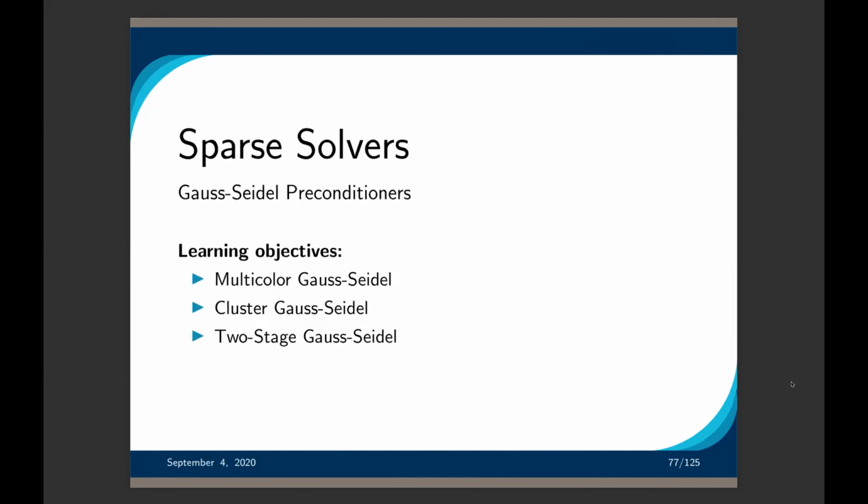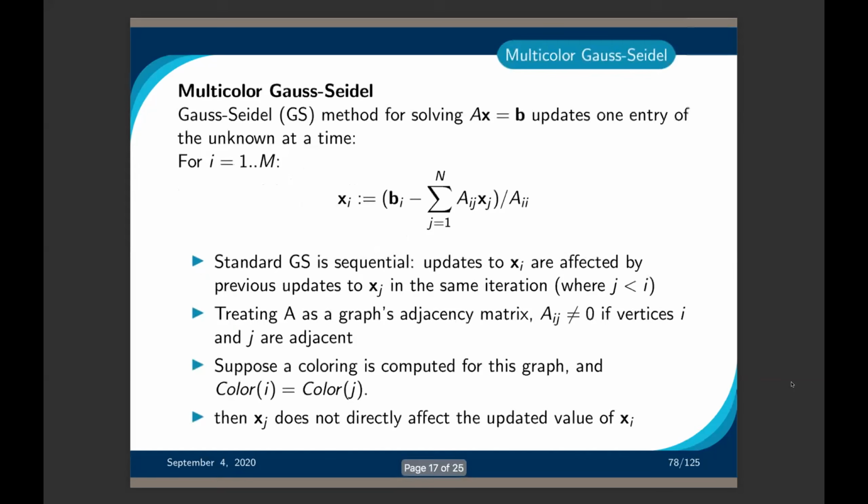So now moving on to our Gauss-Seidel preconditioners. We have multicolor Gauss-Seidel, cluster coloring Gauss-Seidel, and two-stage Gauss-Seidel. So here's a way to formulate the classical Gauss-Seidel method, which just uses forward substitution to update each entry of the unknown vector one at a time.